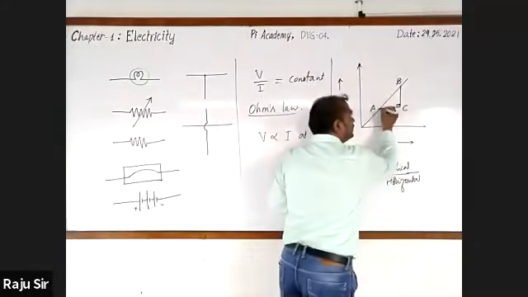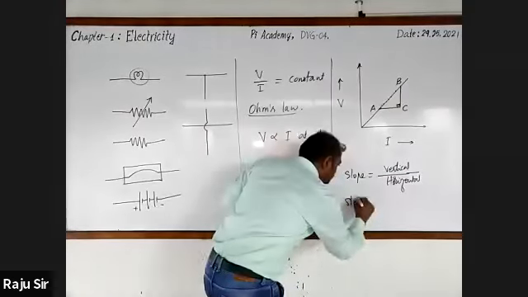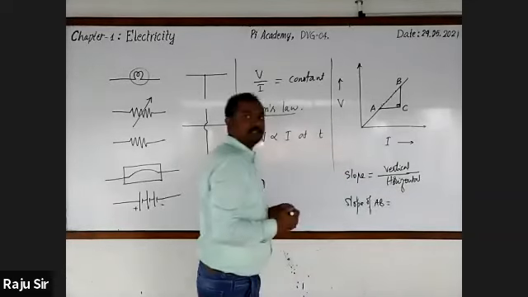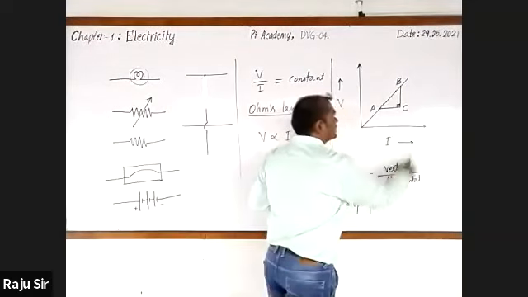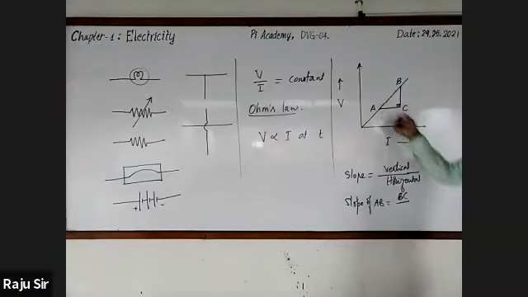I'll go for finding the slope of AB. Here I write slope of AB. This is equal to, as I said, vertical distance. What is the vertical distance? BC by AC, horizontal distance.